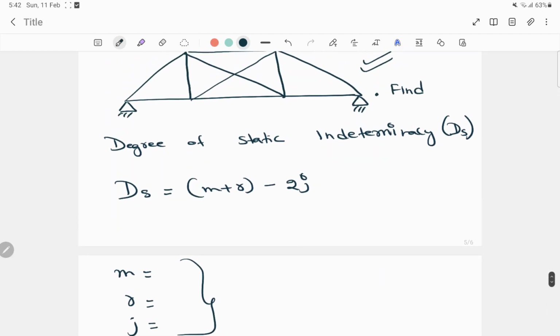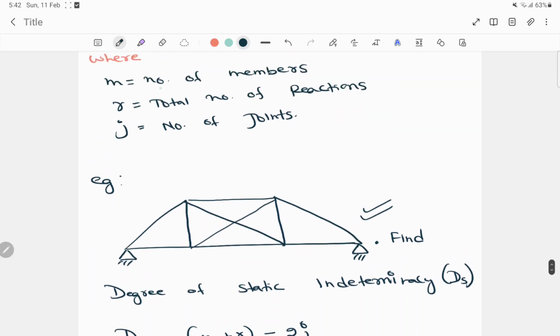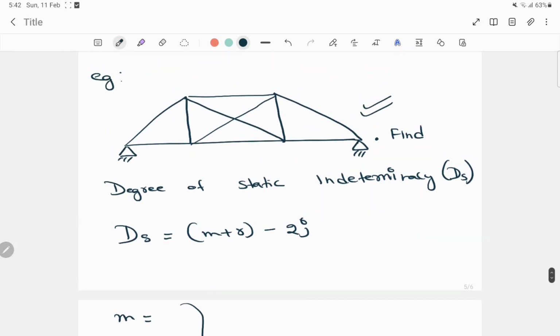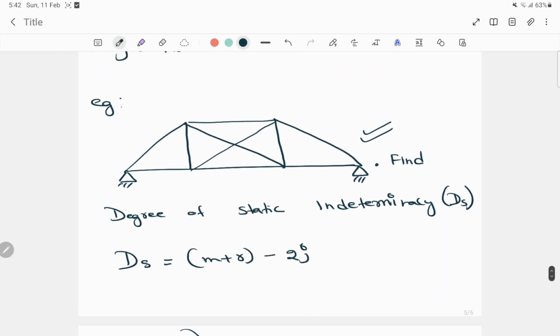So m is the number of members here. In this diagram, we have to count how many members there are. A member is nothing but, see, this is a joint and this is also a joint. From one joint to the next joint is one member. So now we have to count.